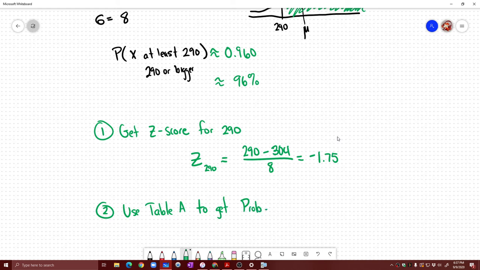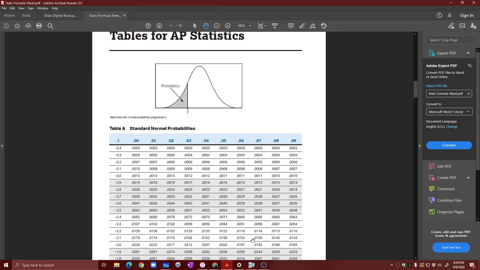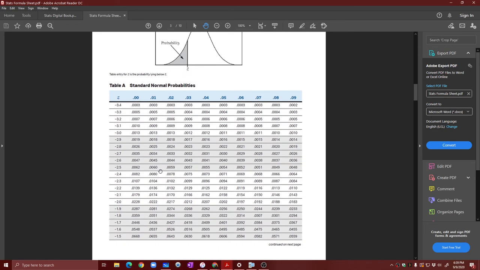Now, here's the thing. I'm going to pause for a minute while I pull up the table so that we can look at this together. Okay, I've got my formula sheet up. Remember we had a negative 1.75. I go to my z table and look up negative 1.7.